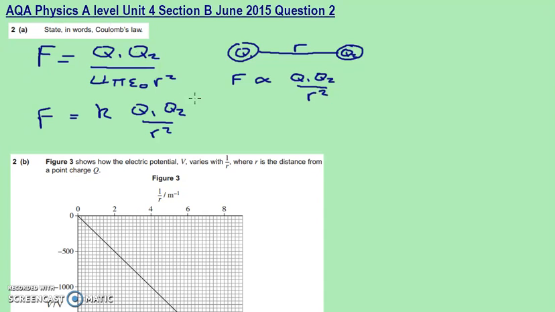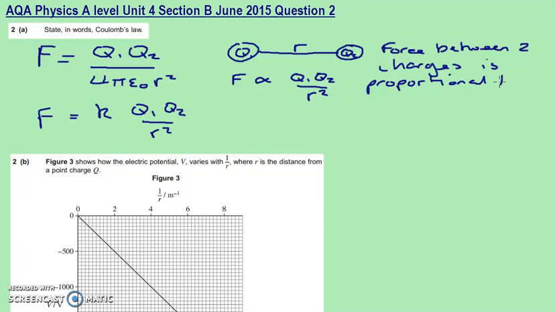So in words, that says that the force between two charges is proportional to the product of the two charges.